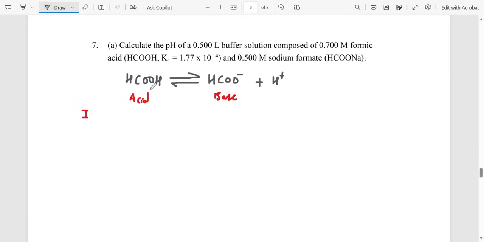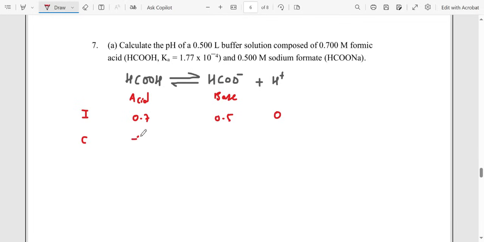So the concentration of the acid, you can see, is 0.7. The concentration of the base is not 0 in this case, it's actually 0.5. It's only the concentration of hydrogen that is 0. The change for the reactant is going to be negative x, and for the product positive x.